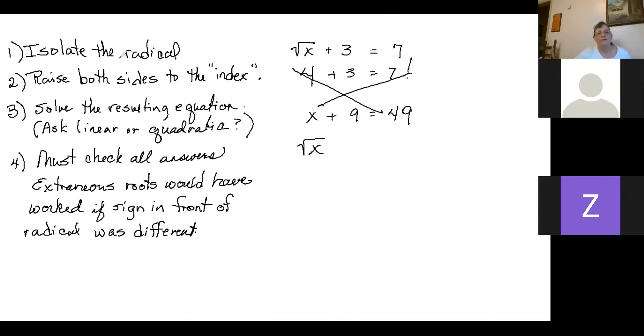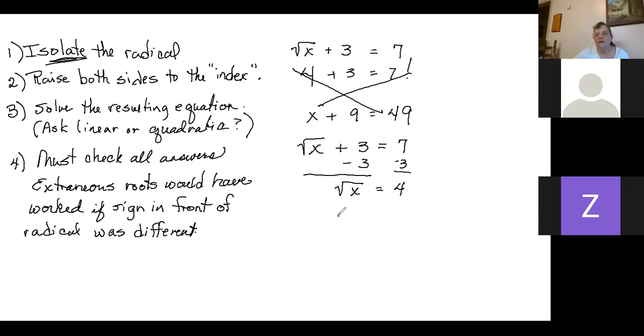This is why you have to isolate the radical first. If we start with the square root of x plus 3 equals 7, we absolutely have to subtract the 3 from both sides first. This will quarantine the x. Get the square root of x by itself.